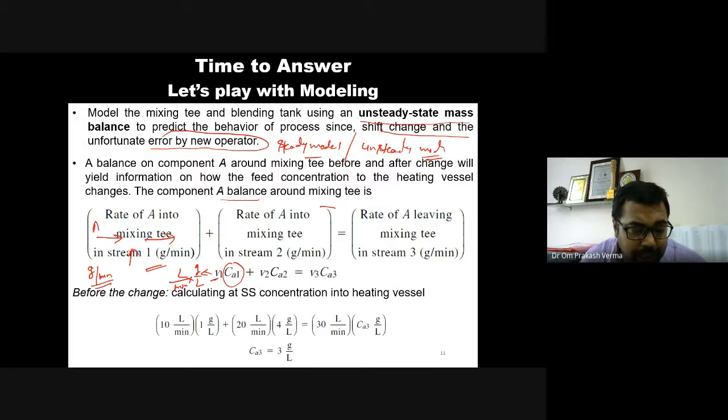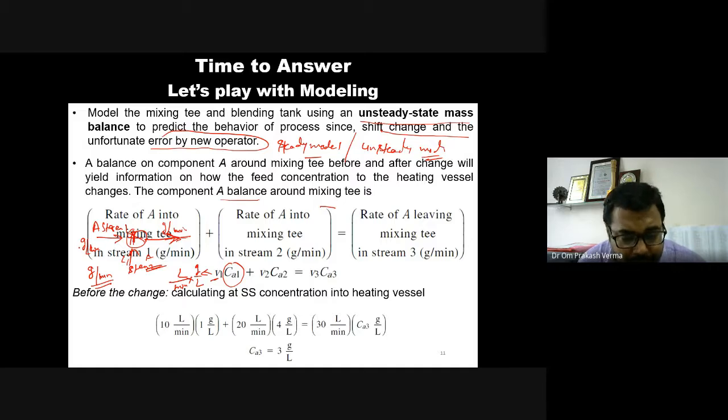Stream 1 plus stream 2 add up at the mixing tee. So here it comes in grams per liter, from here also grams per liter, and it leaves in grams per minute, sorry, grams per minute. Okay, this is a concentration balance.